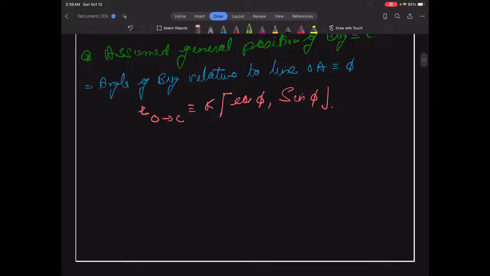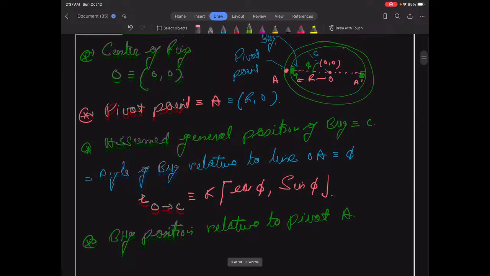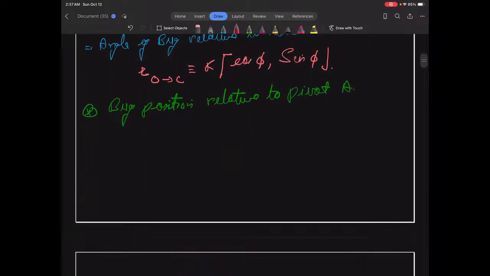So now we can find out the bug position relative to the pivot point A. We can draw the triangle here.